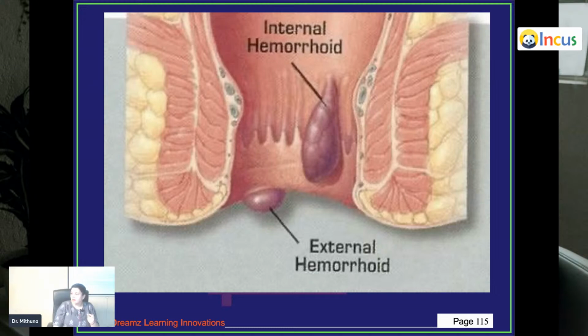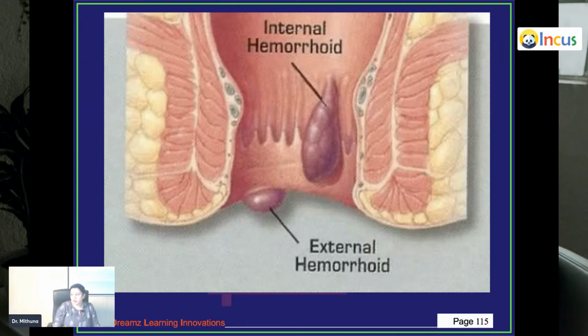So you have this line here, you can see this is your dentate line. Above this is your rectum, and below this comes your anus. Any kind of venous plexus growth which grows above this dentate line from the rectal epithelium is called an internal hemorrhoid.